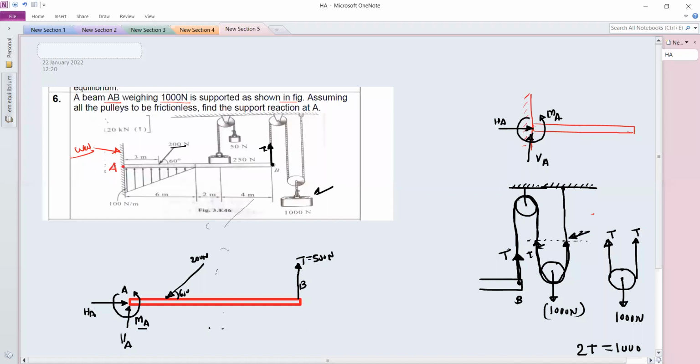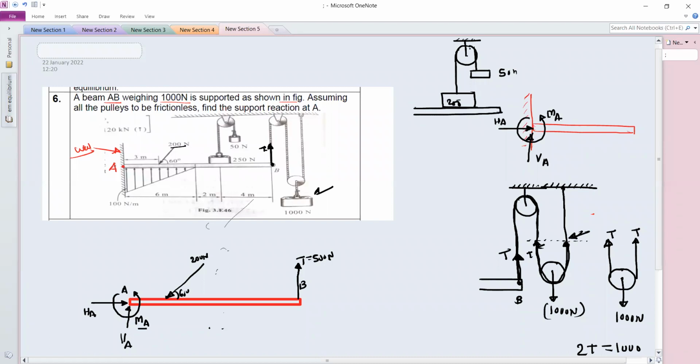Then at this point, which is a weight 250, this arrangement is like this. This is one pulley. It is fixed like this. At this point, there is a weight of 250. And here we have another weight hanging, and this weight is 50 Newton. Now this weight is resting on the beam. Okay.